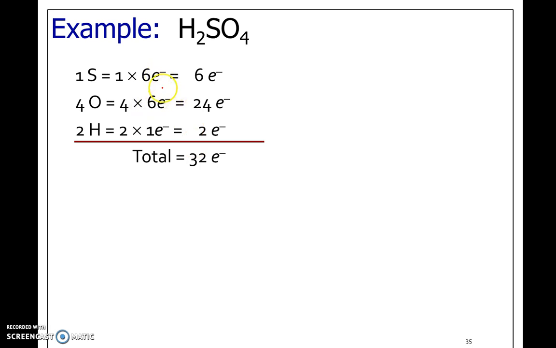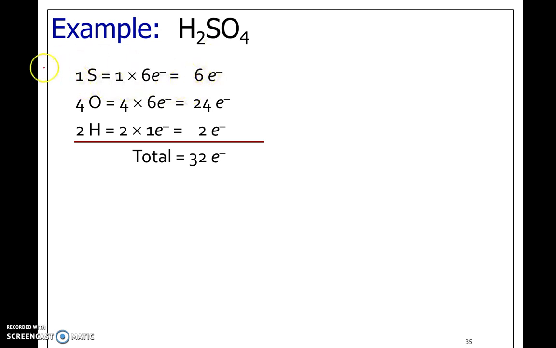In this case, it's kind of hard to see where our central atom is because sulfur and oxygen are both in the same group. But notice two things. If you just look at the polyatomic ion of sulfate, you see that sulfur is first. If we look at the oxidation state of sulfur, it has a positive charge while oxygen has a negative, so we still obey the rule where the cation goes first.